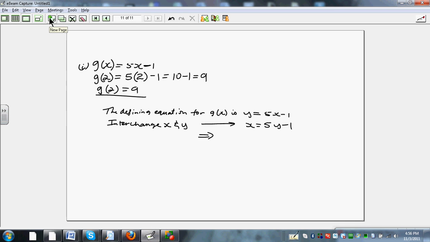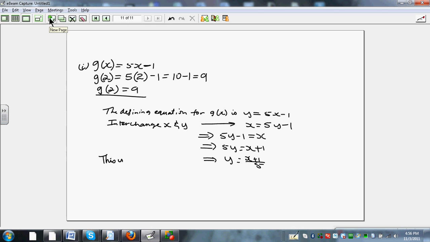So from here we would get 5y minus 1 equal to x. And we could manipulate this formula, so we get 5y is equal to x plus 1, and therefore y is equal to x plus 1 over 5. That actually is the defining equation for the inverse function.